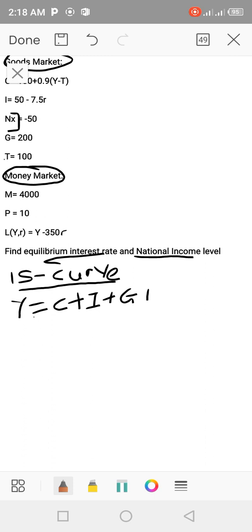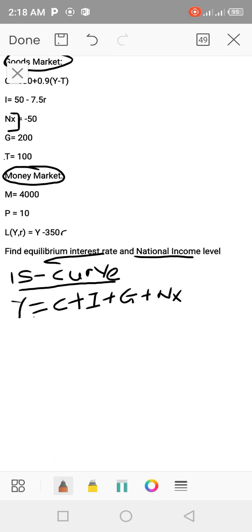So plus net exports. That is the formula for the IS part of the model. The next thing we are going to do is to substitute for all the components of the IS curve formula.